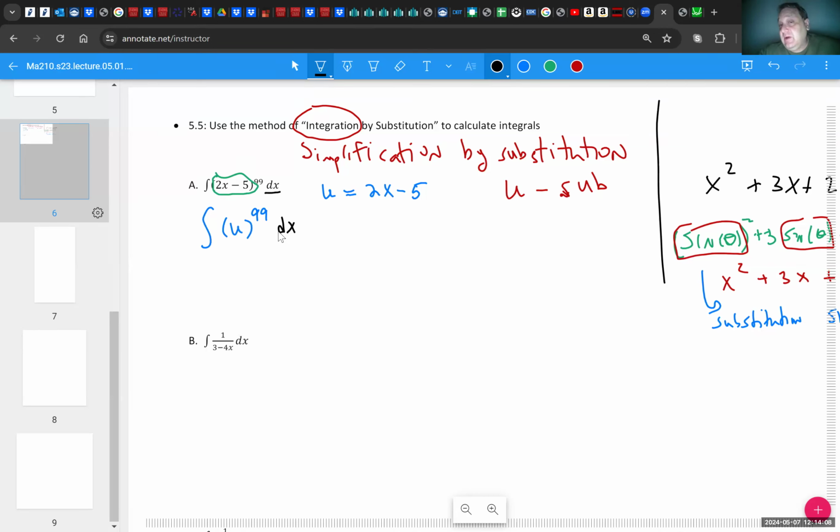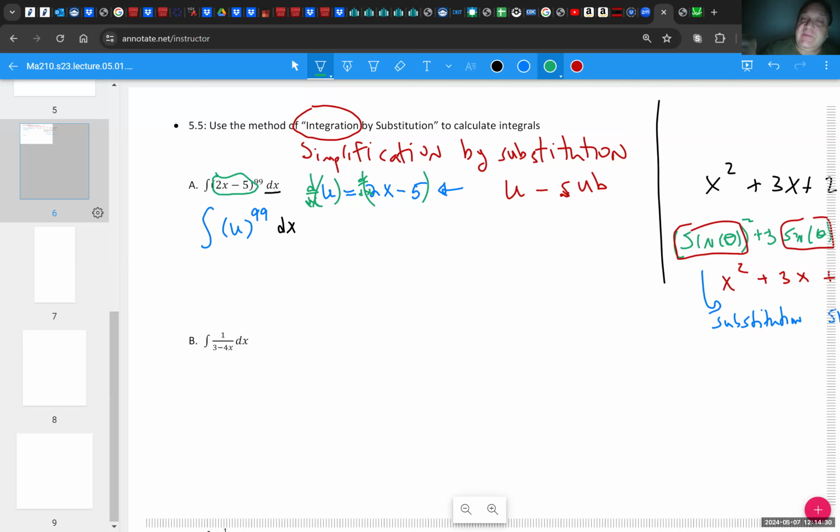dx is a differential. It's like the dy/dx kind of thing. This is our formula, so I'm just going to differentiate it. I'm going to differentiate both sides with respect to x because I want a dx. So you may remember this chain rule, implicit differentiation kind of thing.